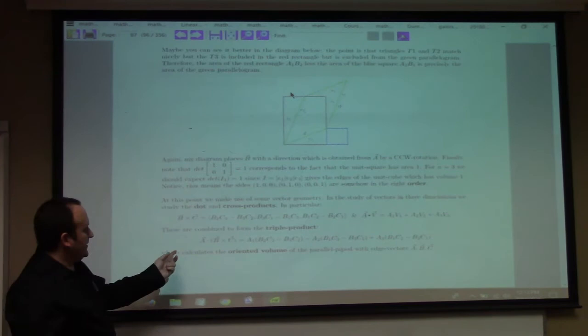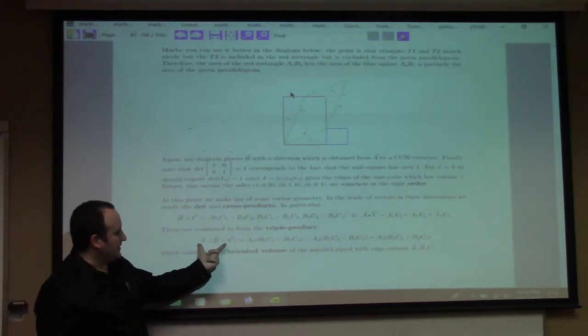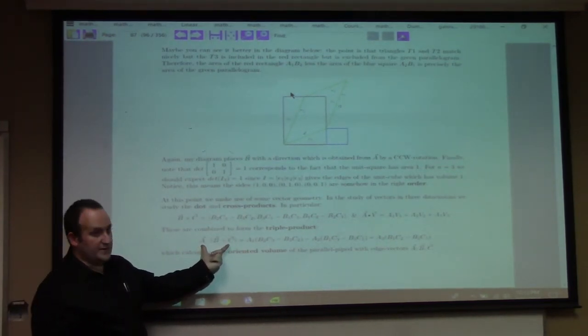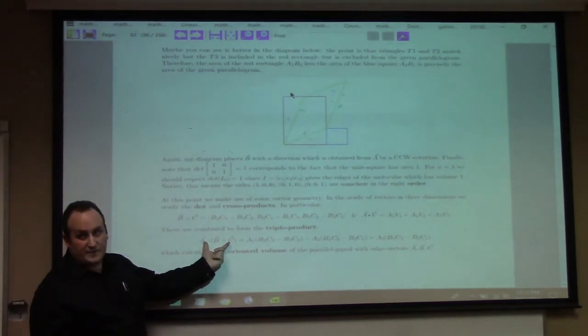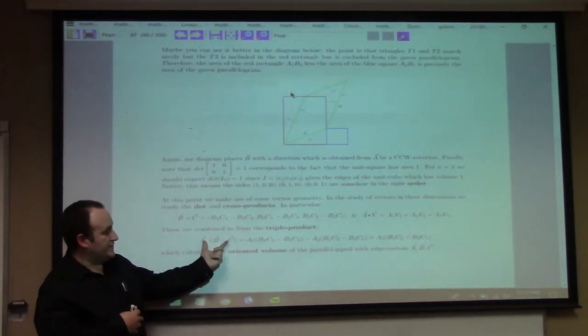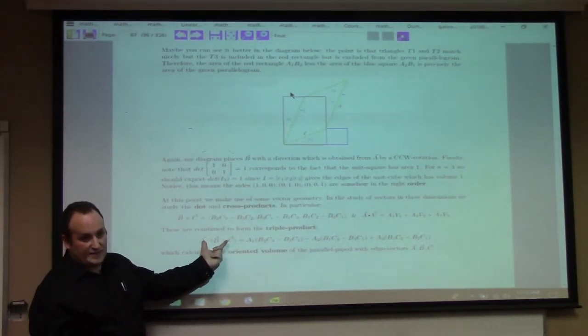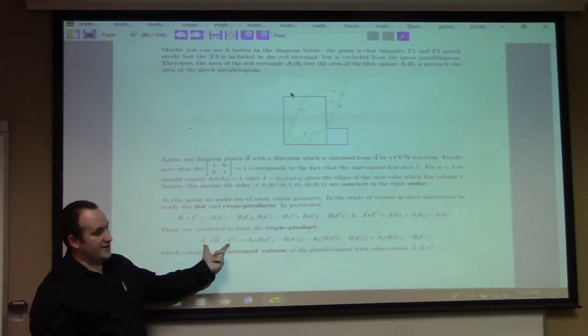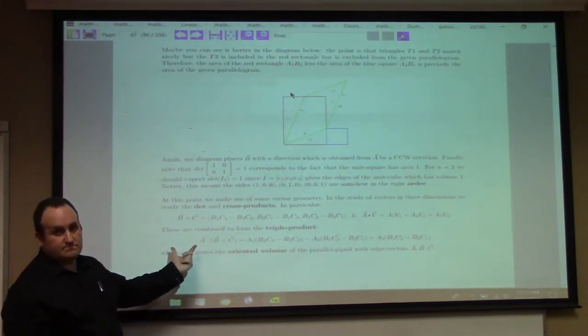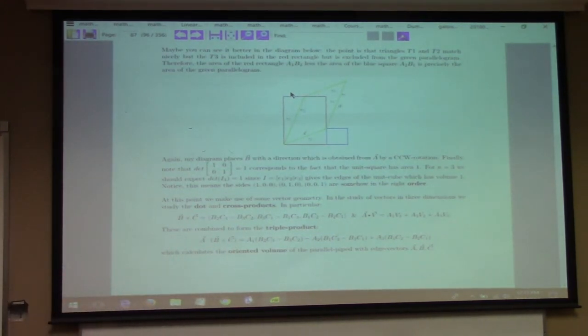If you look at the triple product, the dot product with the cross product, we learn in Calculus 3 that this actually describes the volume of the parallelepiped with vectors A, B, and C as edges. So this is the natural candidate for the determinant of a 3 by 3 matrix with columns A, B, and C. Again, we want the determinant to describe signed volume.